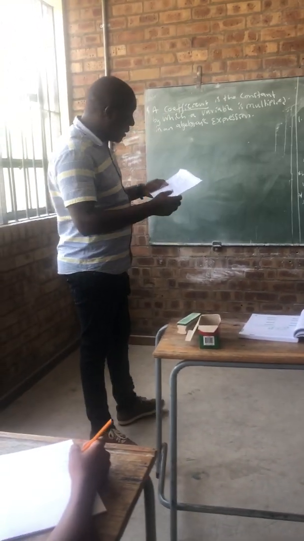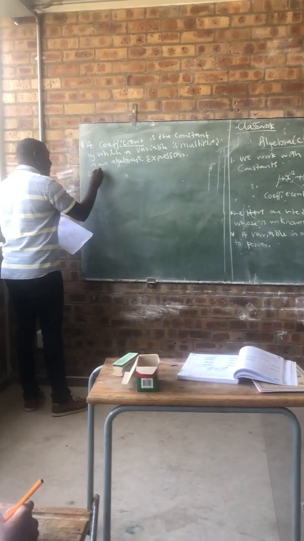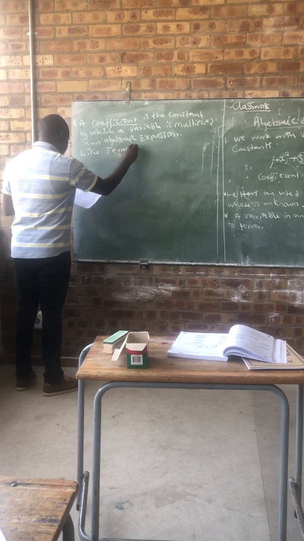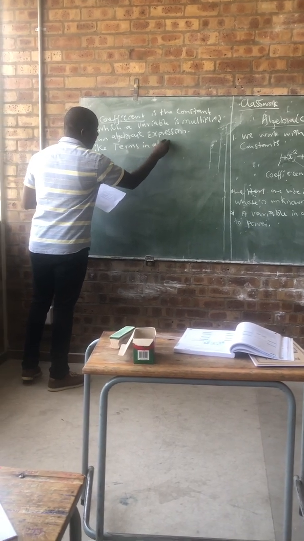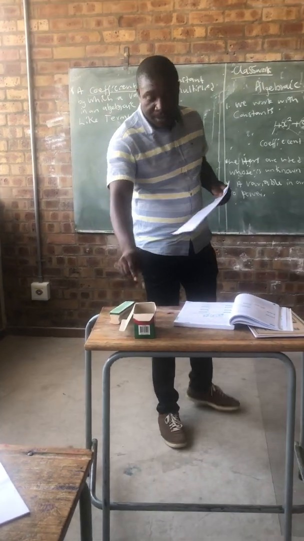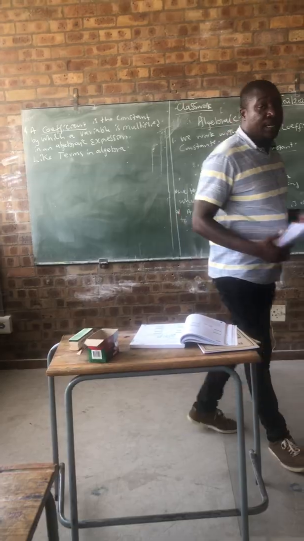So the other thing that we must also understand is, what are like terms? Like terms in algebra. How do we identify the like terms?